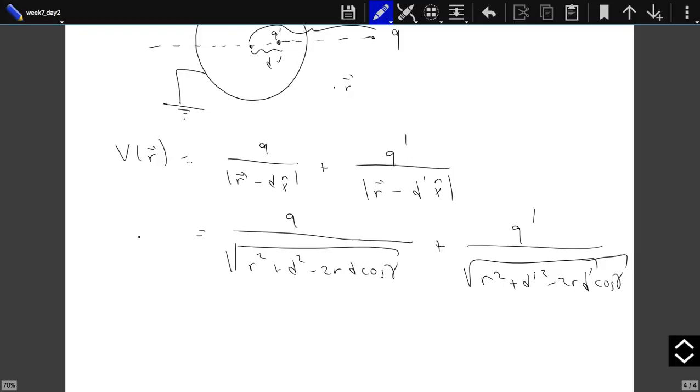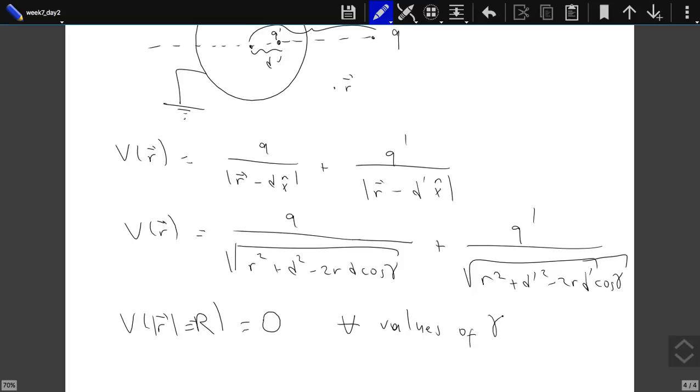And this should be zero on the boundary, when my point is at a distance equal to the radius of my sphere, for all values of gamma.